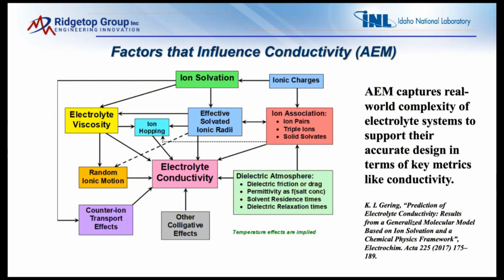As you increase temperature, the random ionic motion tends to increase its contribution toward reducing conductivity. And then things like dielectric drag and different effects from the relative permittivity of the solution also have an impact on the movement of ions and the measured electrolyte conductivity. Okay, next.